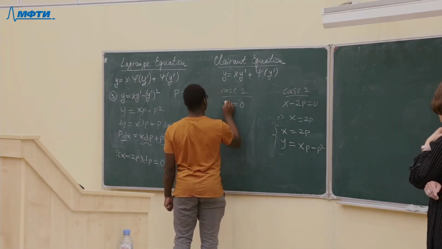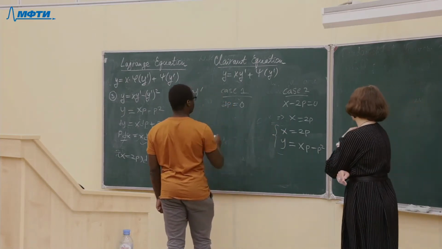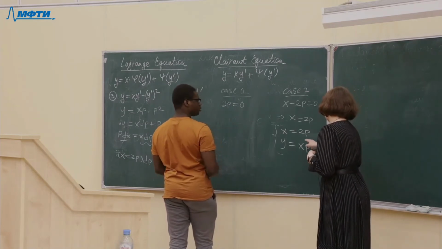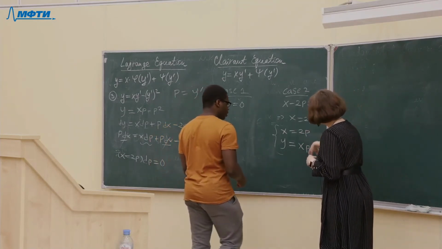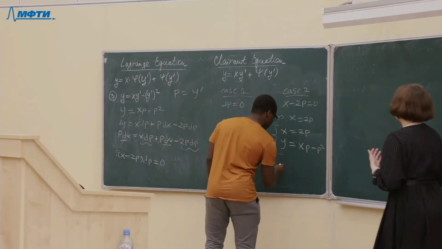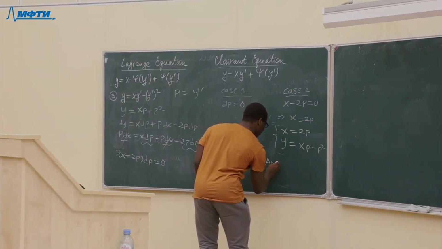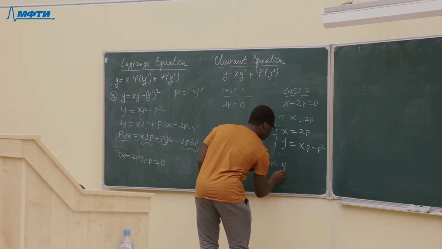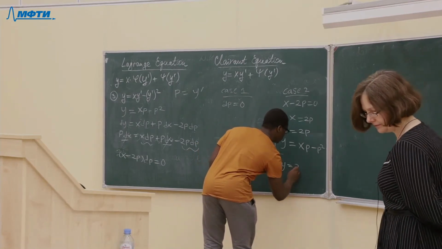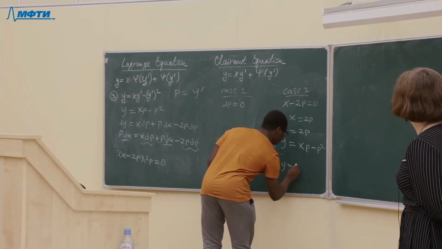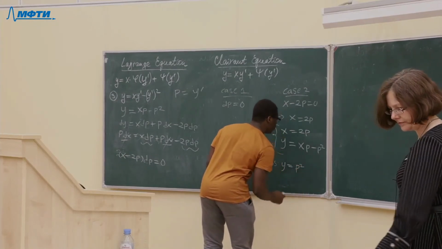Okay. And we can solve. So we can solve this for p and substitute it here, and we will get the explicit function, right? Not a parametric function, but we may get the explicit answer.